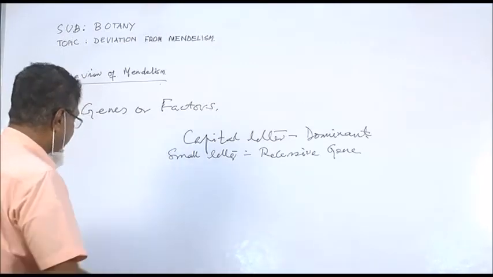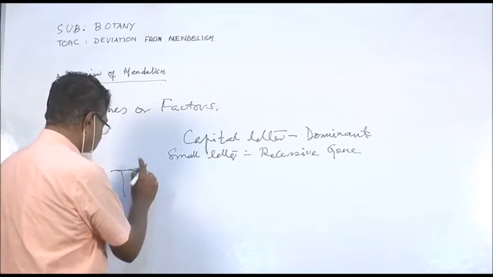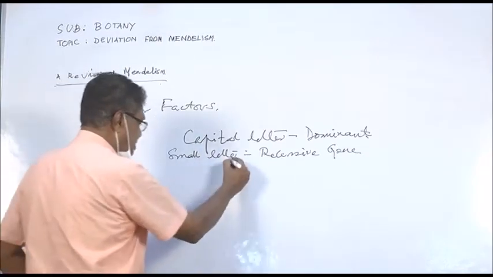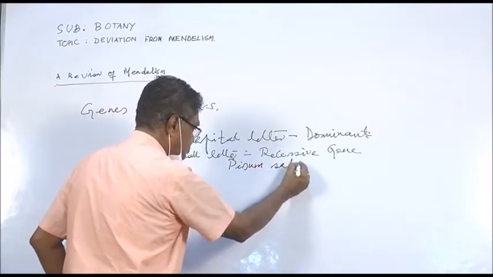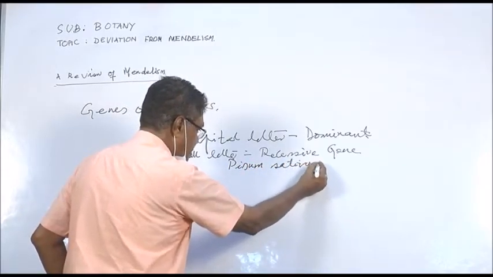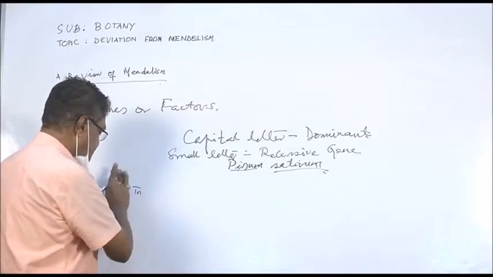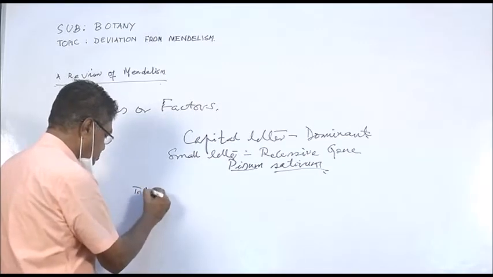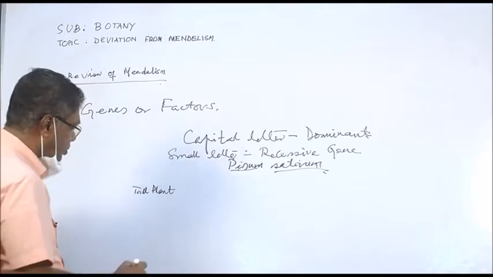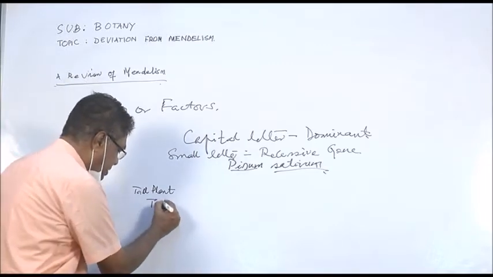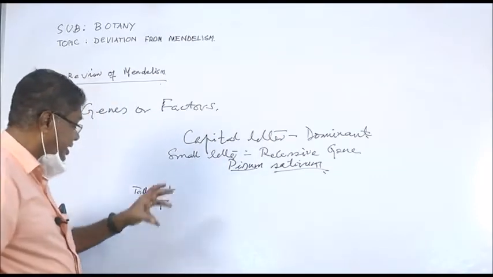Now, take a dominant gene, for example tall, in pea plant Pisum sativum. A tall plant has a genotype capital T, capital T. Genotype means the internal genetic complement.